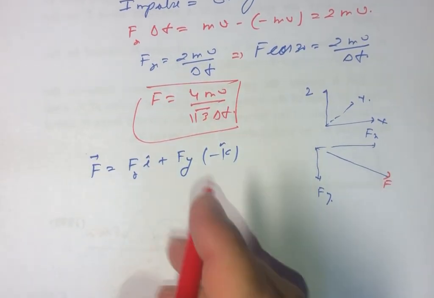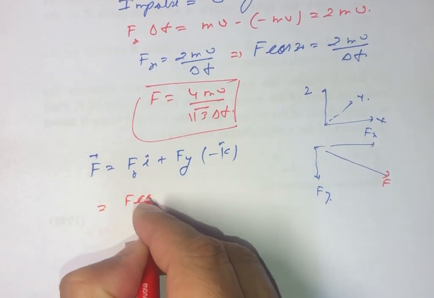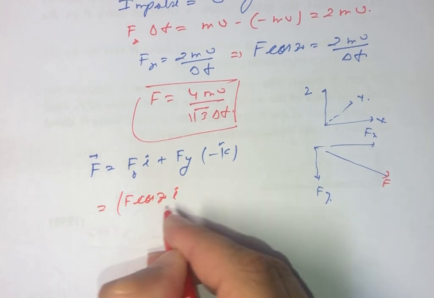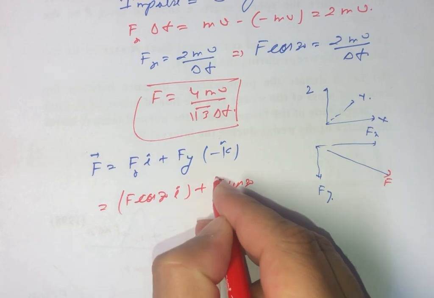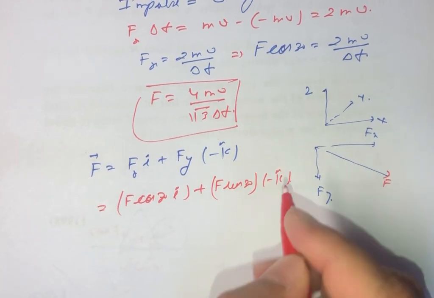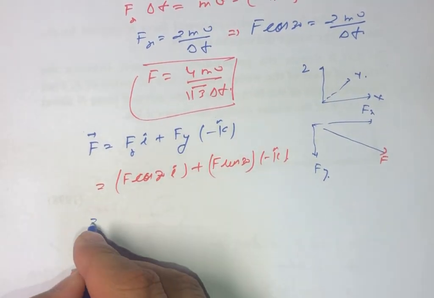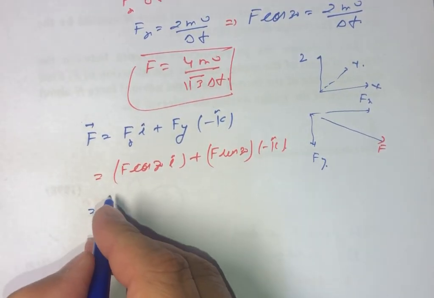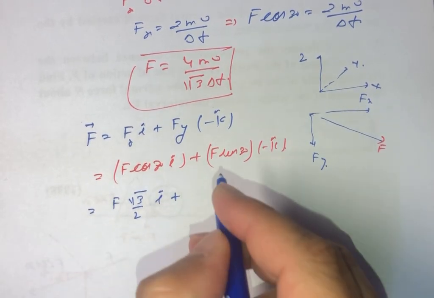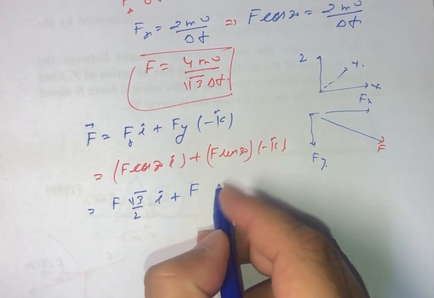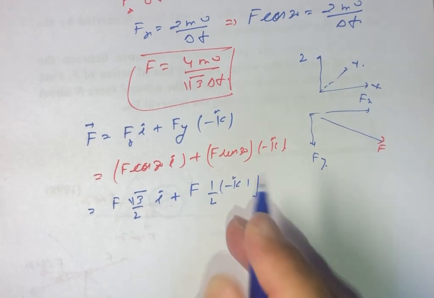We substitute the value. Fx we already know is f cos 30 unit vector i, plus fy is f sin 30 unit vector minus k. Substituting the values, we get f root 3 by 2 unit vector i plus f 1 by 2 minus k unit vector.